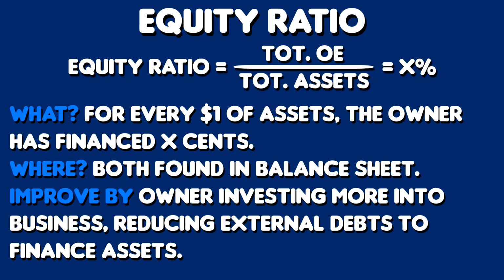The two ways to fund assets are either through internal debt, so owner's equity, or through external debt or liabilities. If this equity ratio results as, say, 40 or 50% for owner's equity over assets, it means that for every $1 of assets, the owner has financed 40 cents of that, which means 60% of our assets are financed externally.